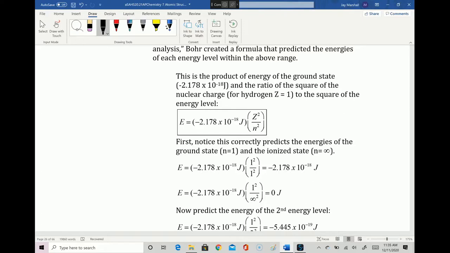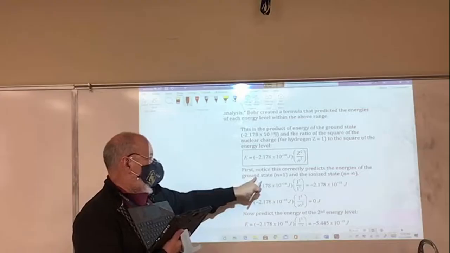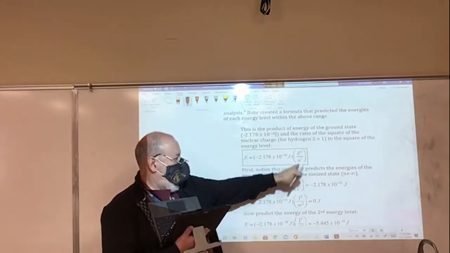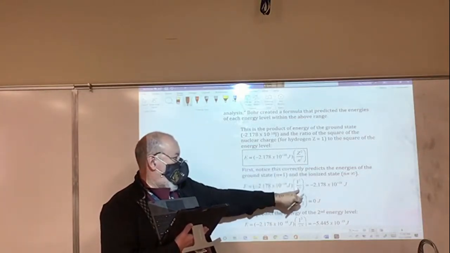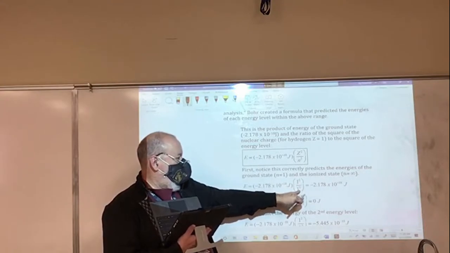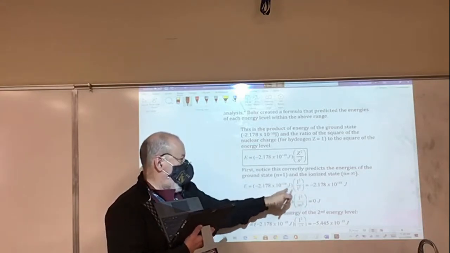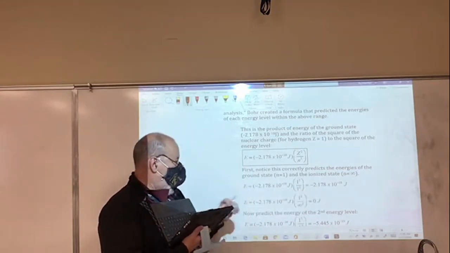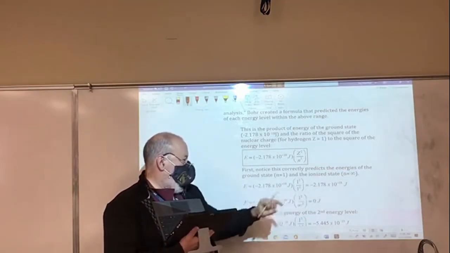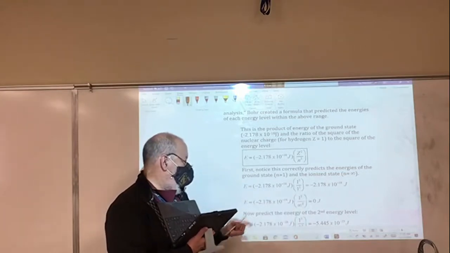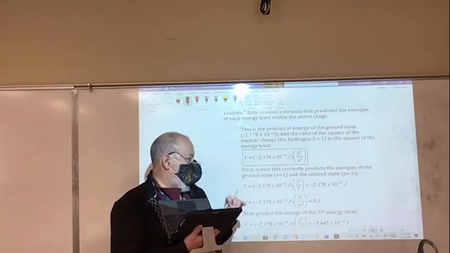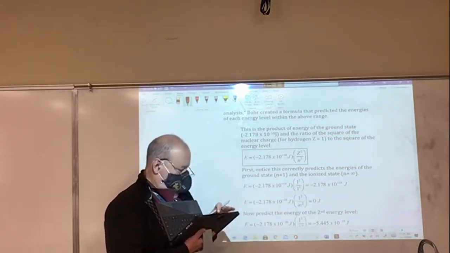So first, notice this correctly predicts the energy of the ground state. If I have a proton and I have my first energy level, this correctly predicts the energy of the ground state. If I have 1 squared over infinity squared, this correctly predicts that the amount of energy that I have is 0.